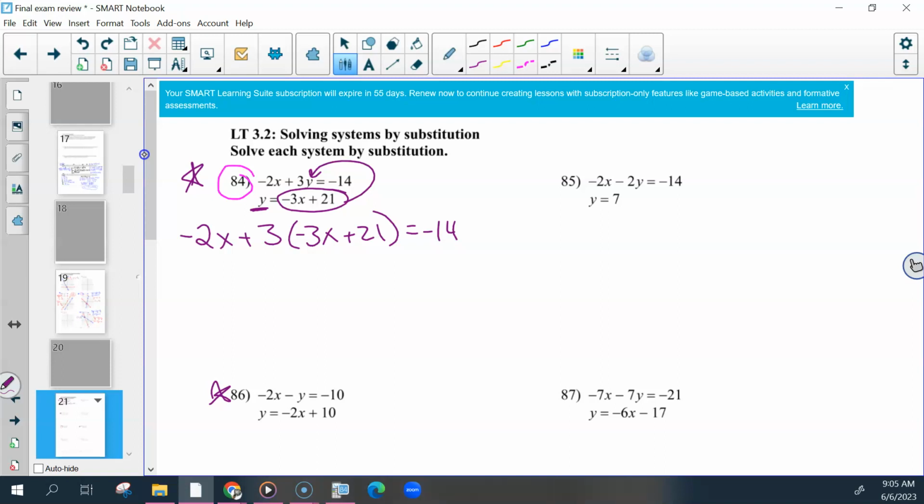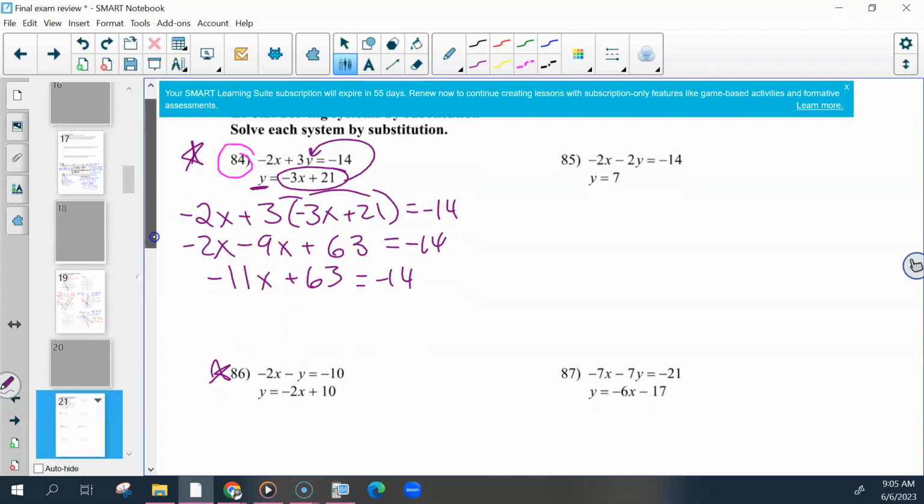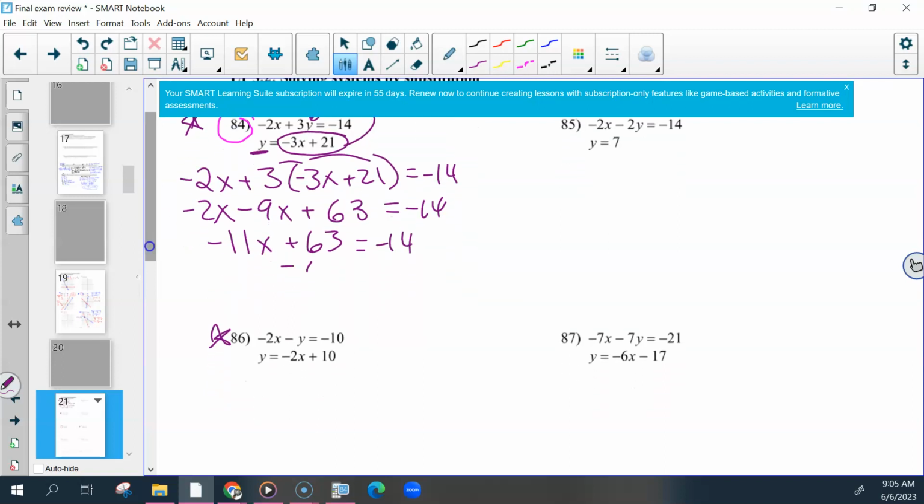Then it's just a regular problem and we solve it. Distribute, so minus 9x plus 63. Combine your like terms. And continue solving for x. Get rid of 63.